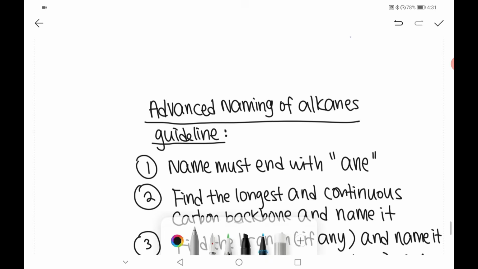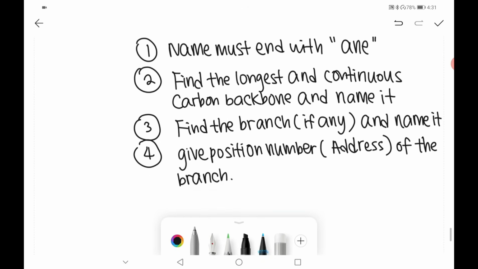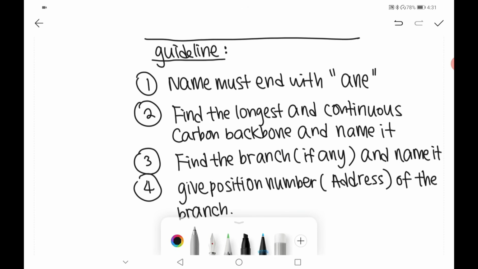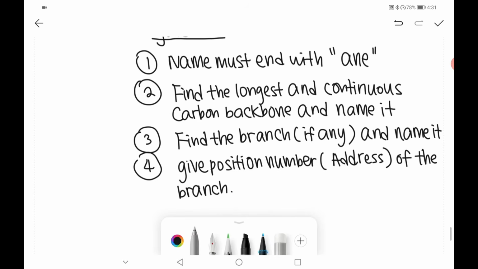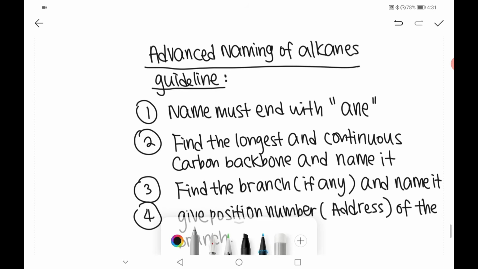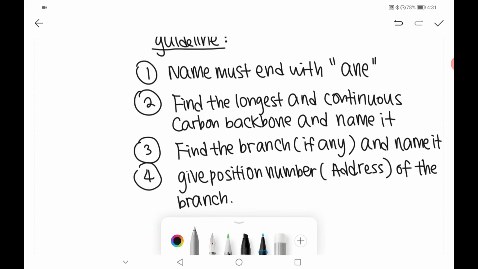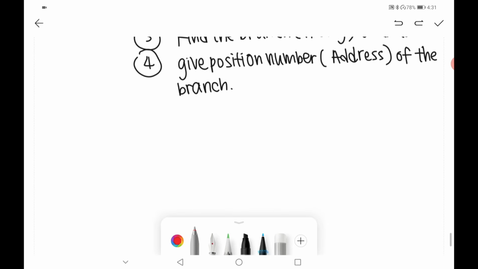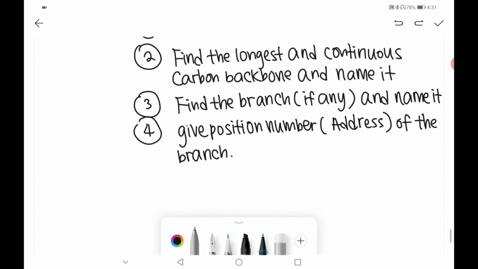But before we start with the advanced naming, you need to understand two important keywords first: what is the carbon backbone and what is the branch.